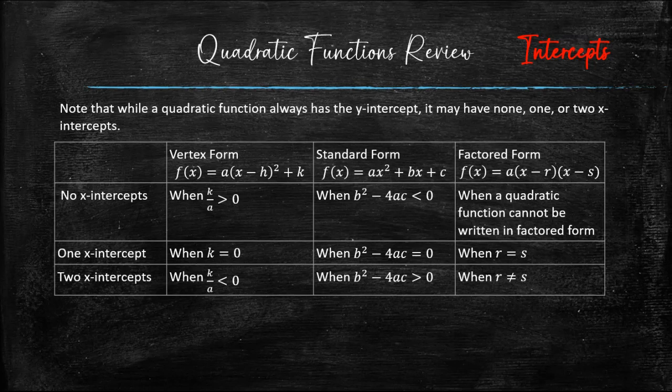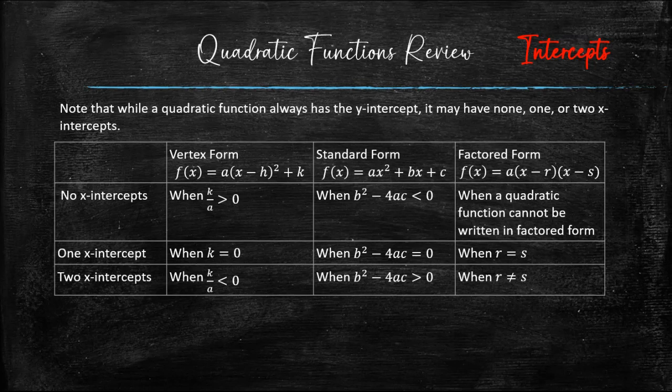Here we can develop the criteria for when your quadratic function has or doesn't have x-intercepts. Again, it all depends on the combination of these values, and analytically you should be able to use them and visualize the picture and decide whether you have 0, 1, or 2 x-intercepts.